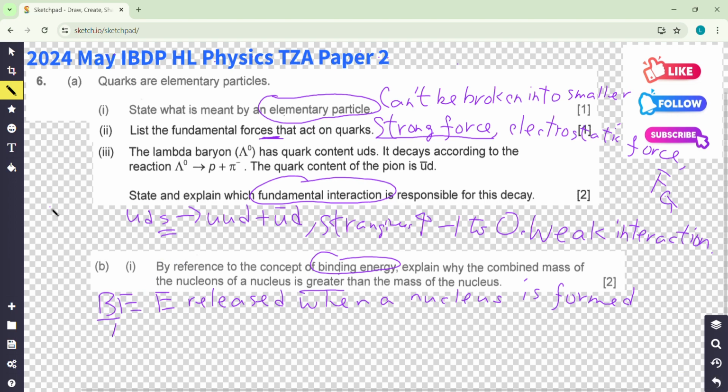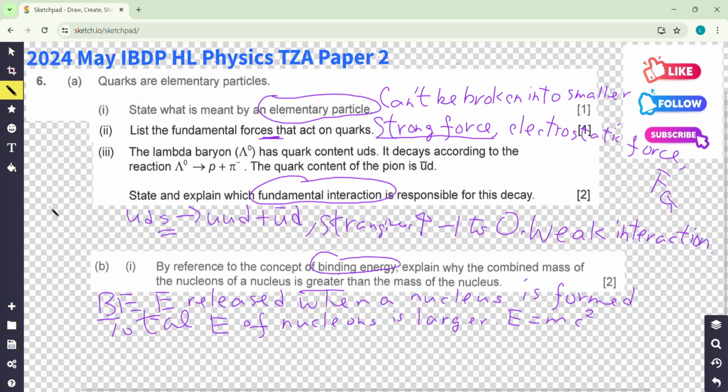So the total energy of the nucleons is larger. But why does larger energy mean larger mass? Because E equals mc squared. Think of Einstein: larger energy means larger mass.